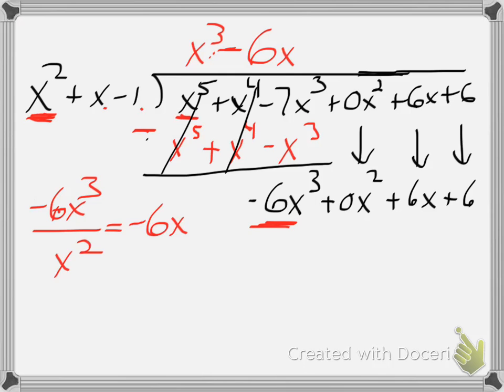Now the same thing, I'm going to multiply my negative 6x times all three parts of my divisor. So negative 6x times x squared gives me a negative 6x to the third. Times x gives me a negative 6x squared. And times negative 1 gives me a positive 6x.